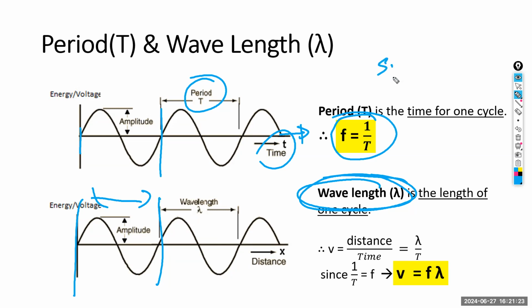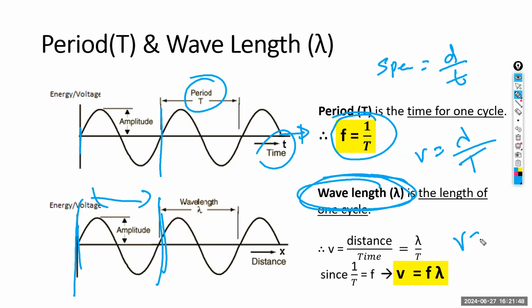Remember, for uniform speed, speed is distance divided by time. If you take the speed of the wave as v, and if you take one cycle, the distance is the wavelength and the time is the period. Period is the time for one cycle. And we know that 1 over T is f.